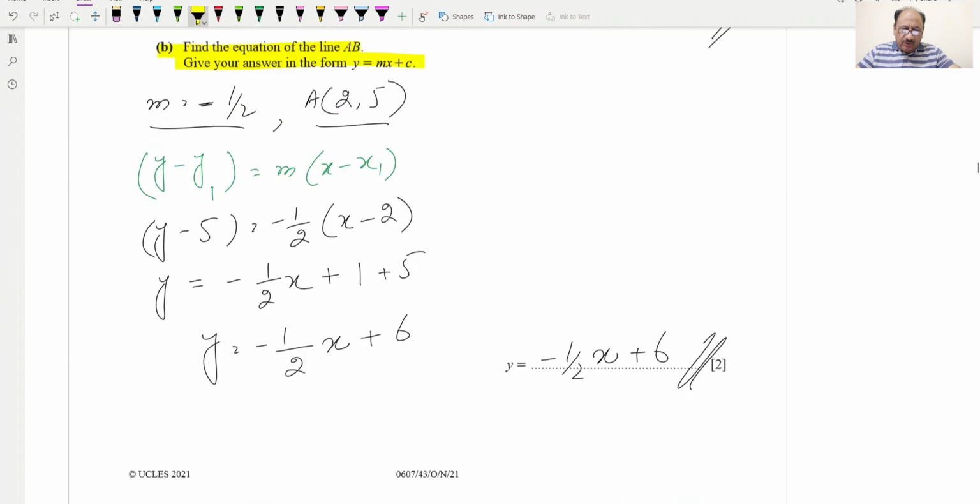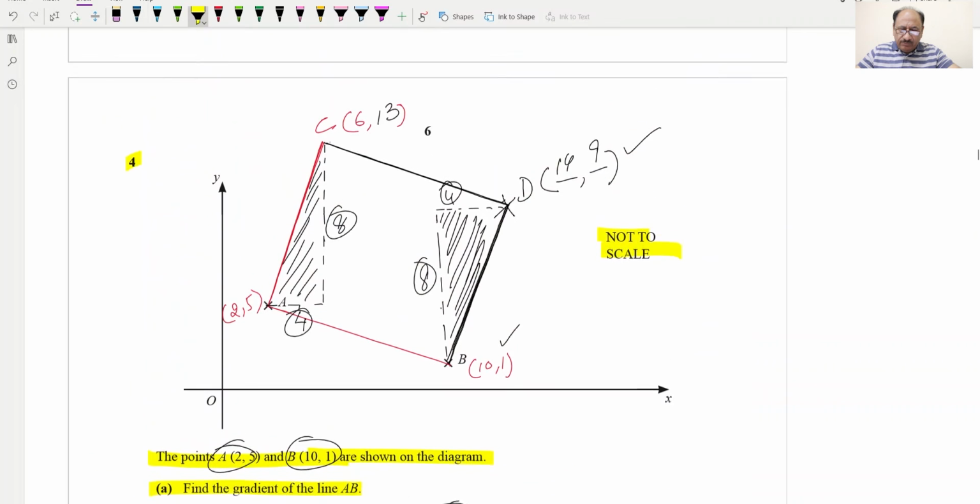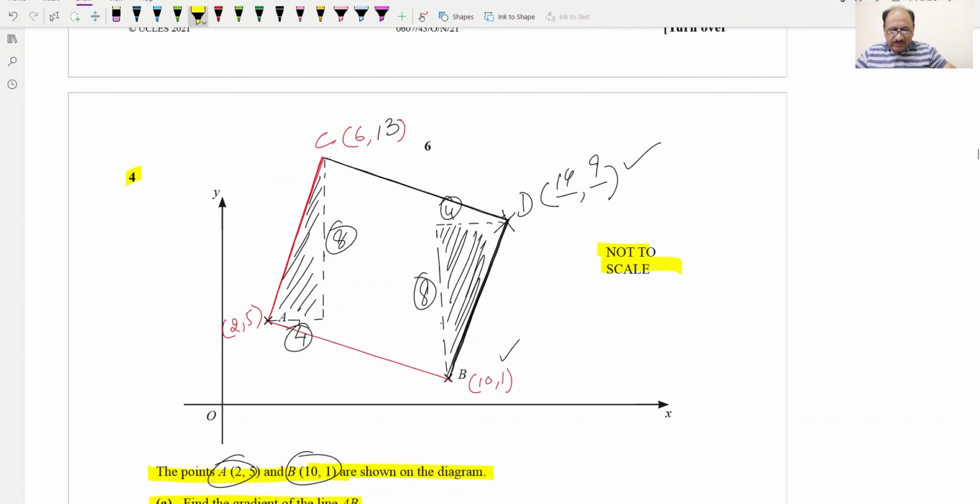Now first of all we have to identify where BCD is. To figure out the triangle BCD, first of all we will join B and C. So this is our B and C, and the BCD triangle is basically this triangle, the one for which we need to find the area.